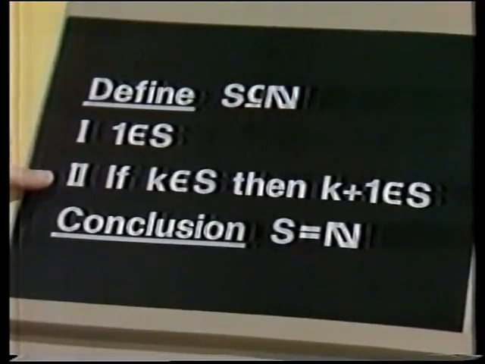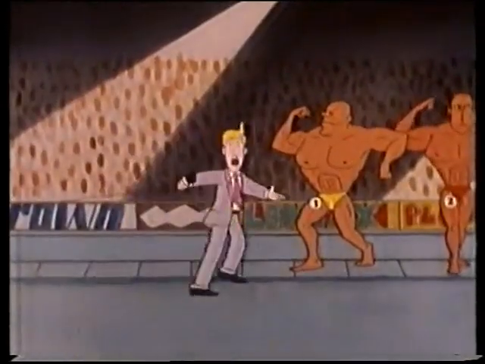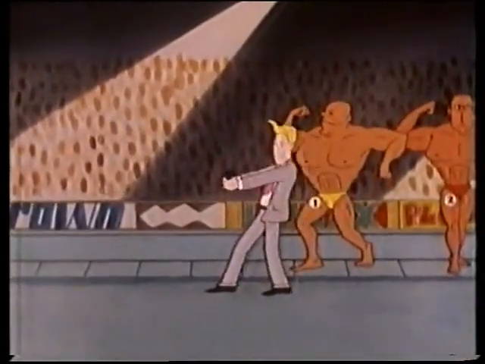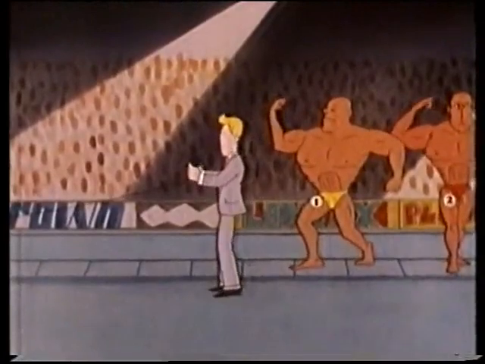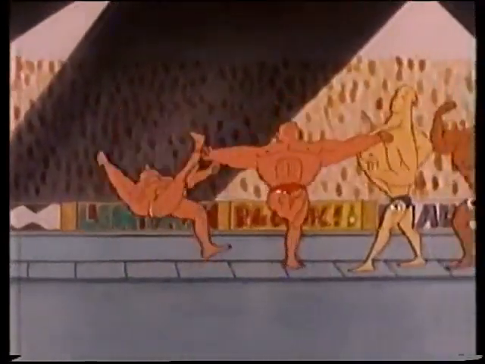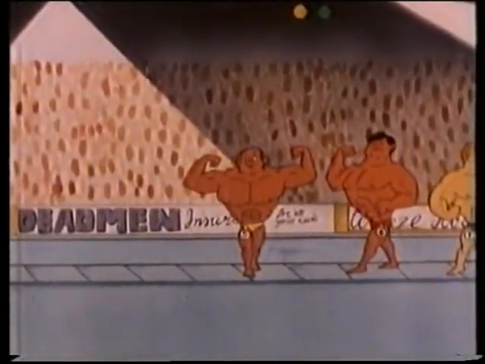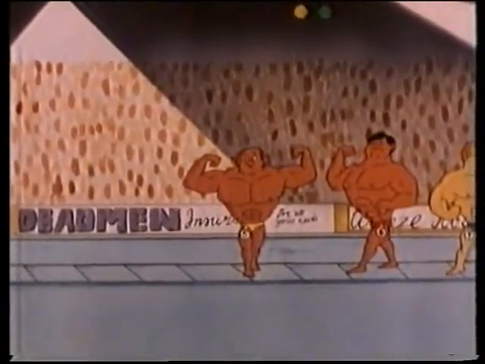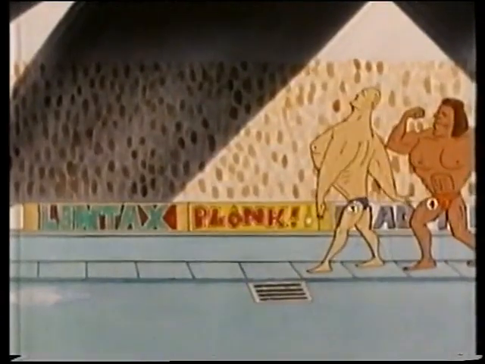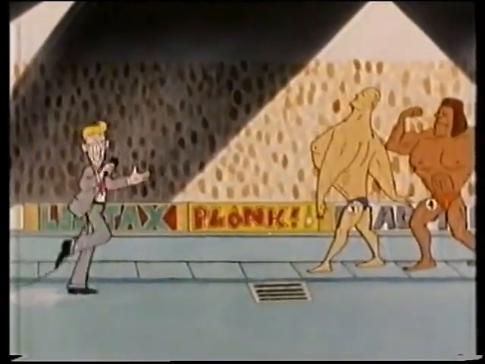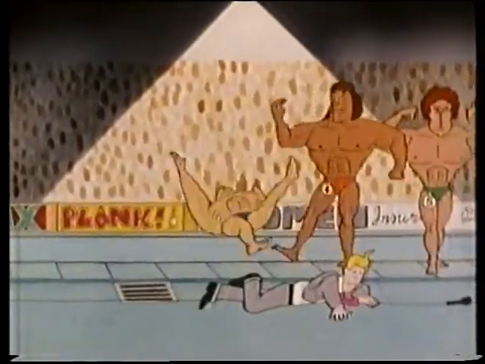But what if the second condition fails? If k plus 1 doesn't automatically follow k, then there's a break somewhere in the chain, and S can't be the whole of n. But what would happen if we didn't have 1 or 2, but we start at 3, and we do have the successor property?